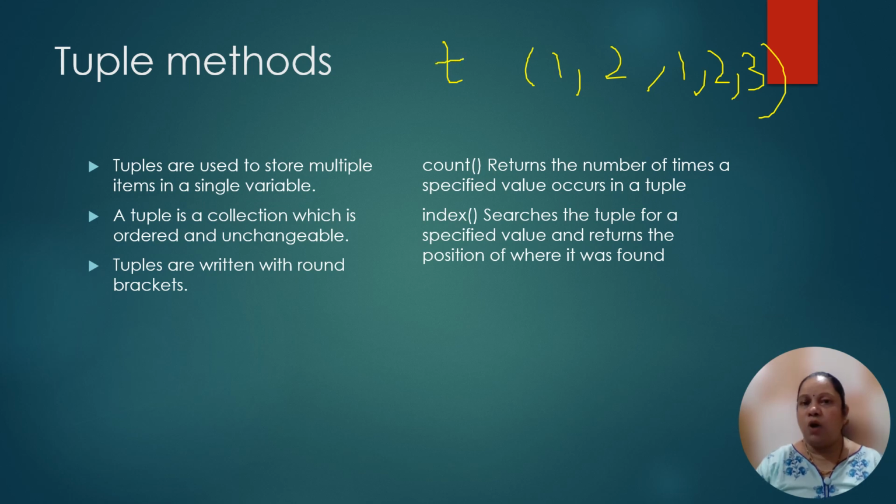It is going to count how many times 3 is present in this particular tuple. So it will return 1. What is index going to do? It is going to search the tuple for a specified value. So if I say t dot index 2, it is going to give me the position where it was found. It is going to give you the first position. So these are the methods with the tuple.